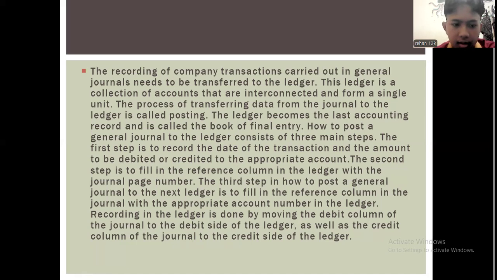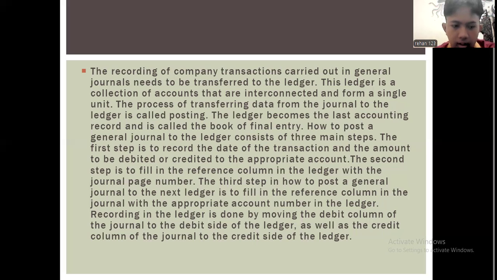This ledger is a collection of accounts that are interconnected and form a single unit. The process of transferring data from the journal to the ledger is called posting. The ledger becomes the last accounting record and is called the book of final entry.